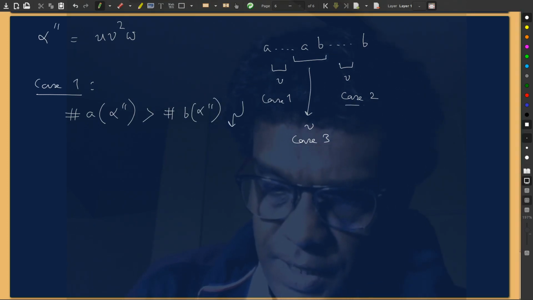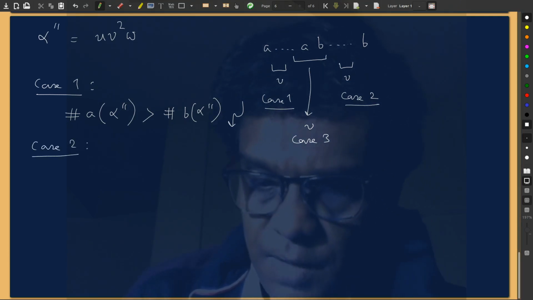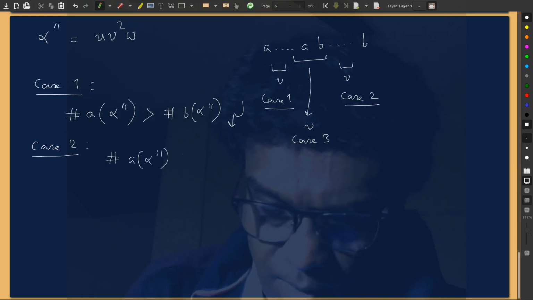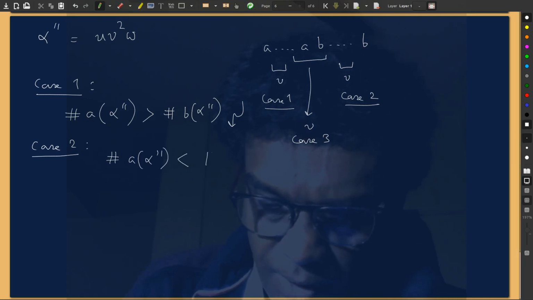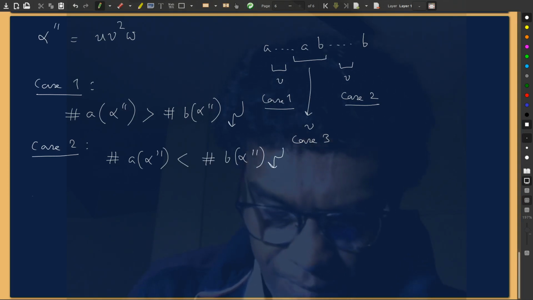Similarly, if we are in case 2, we are actually injecting a few extra B's without affecting the A's. So the number of A's in alpha double prime will be now strictly smaller than the number of B's in alpha double prime. Still the machine accepts it, so this is a contradiction.